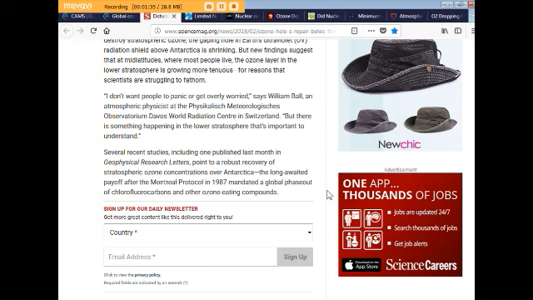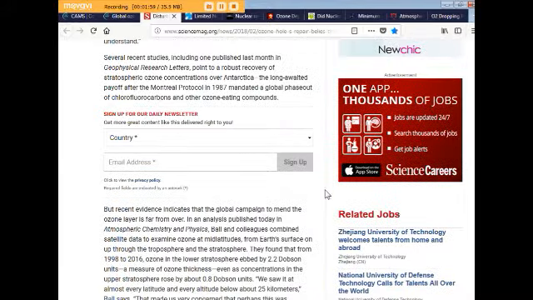Several recent studies, including one published last month in Geophysical Research Letters, point to a robust recovery of stratospheric ozone concentrations over Antarctica, the long-awaited payoff after the Montreal Protocol in 1987 mandated a global phase-out of chlorofluorocarbons and other ozone-eating compounds.